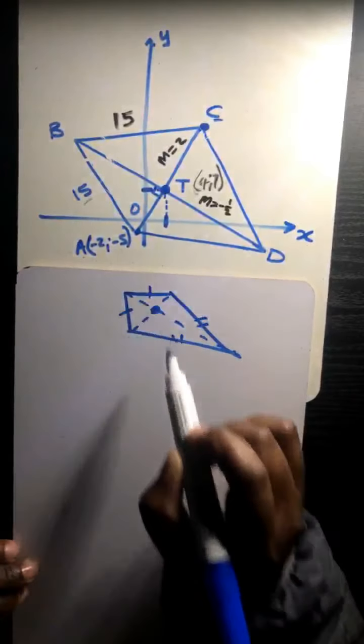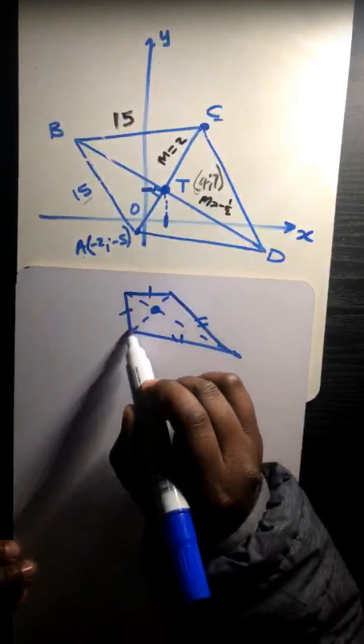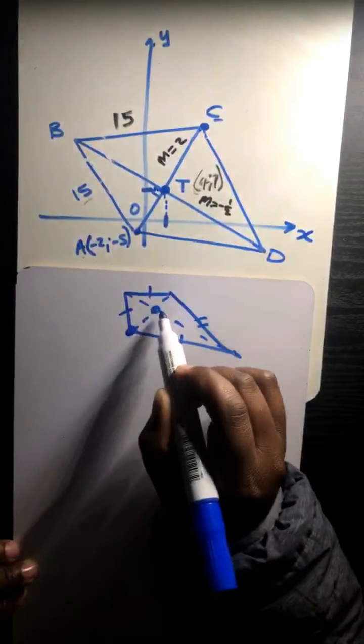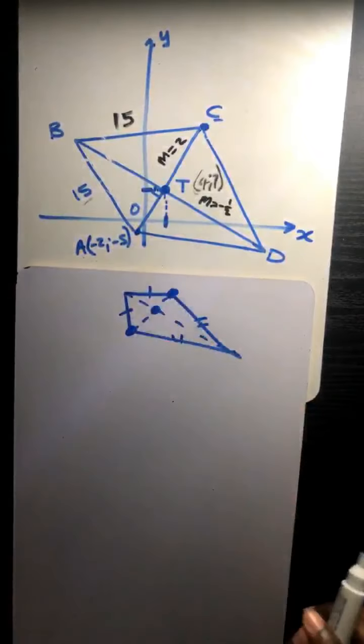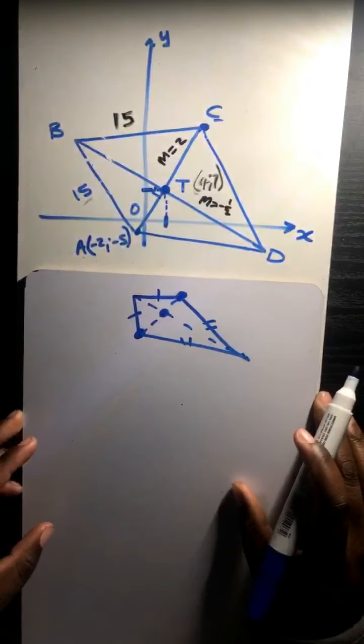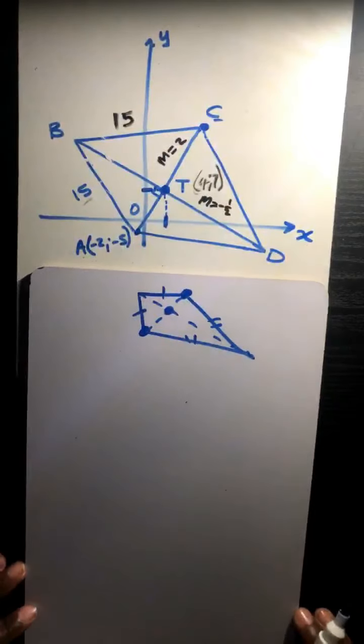This is the midpoint, ladies and gentlemen. So from there to there is actually equal to from there to there. Can you see? Here, ladies and gentlemen, you don't have to start praying.